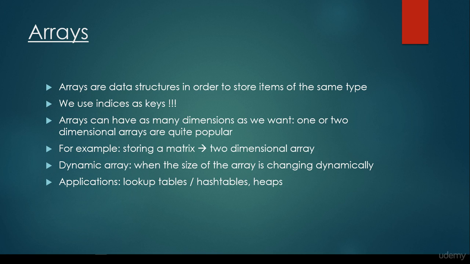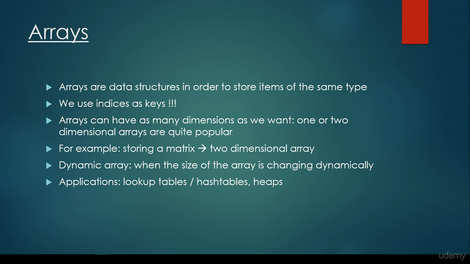We can use indices as keys, and arrays can have as many dimensions as we want. One or two-dimensional arrays are quite popular, but sometimes it can be helpful to use three-dimensional or four-dimensional arrays, whatever. In order to store a matrix, we have to use two-dimensional arrays, as we have seen.